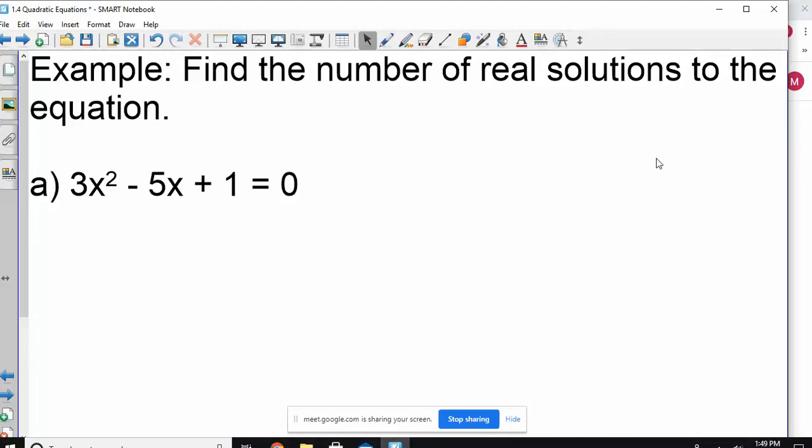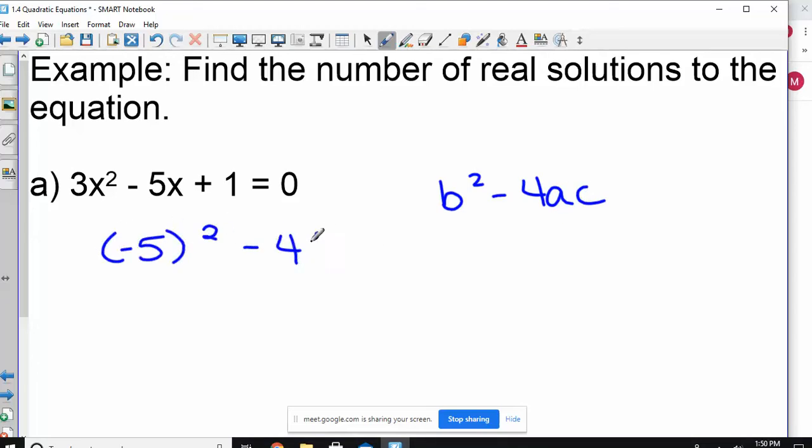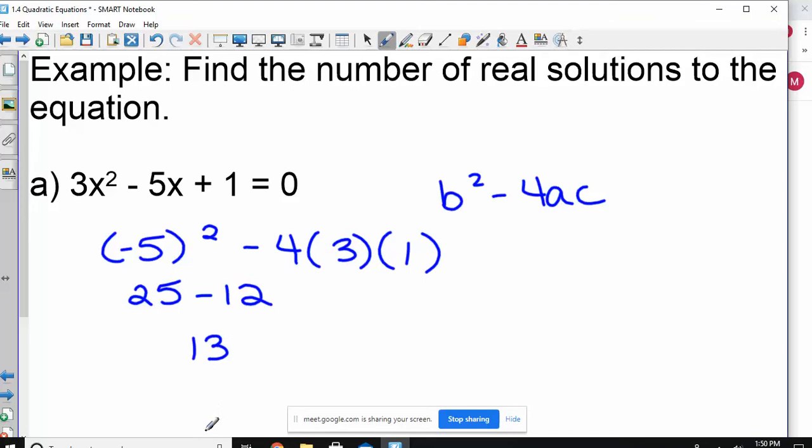So we don't have to do anything except what would show up under the square root if we did the quadratic formula. So all we need is b squared minus 4ac. So my b is a negative 5 squared minus 4, a is 3, and c is 1. So my discriminant is 13.